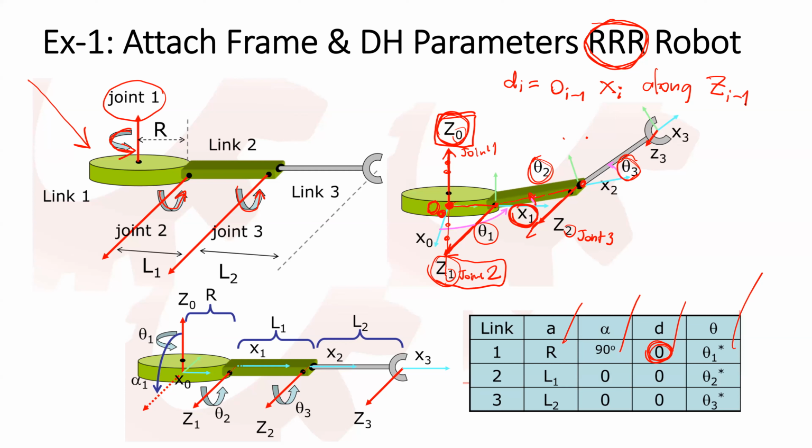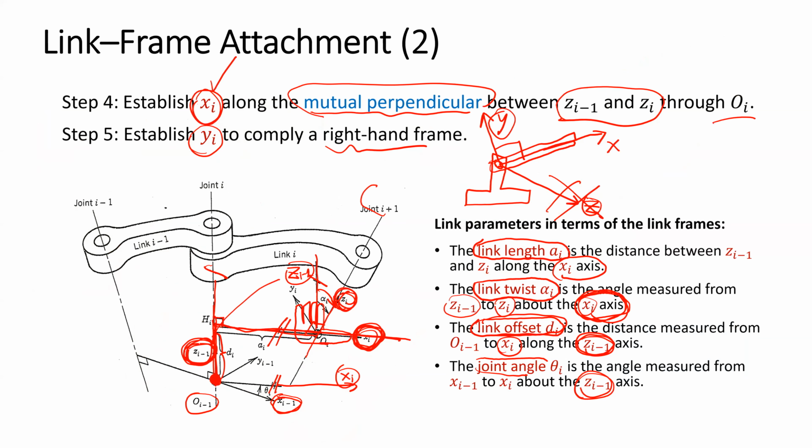So here the offset is the distance measured from O(i-1) to Xi along the Z(i-1) axis.